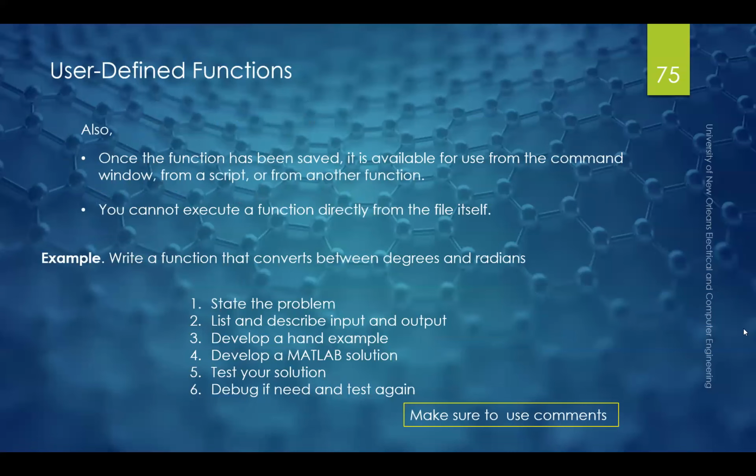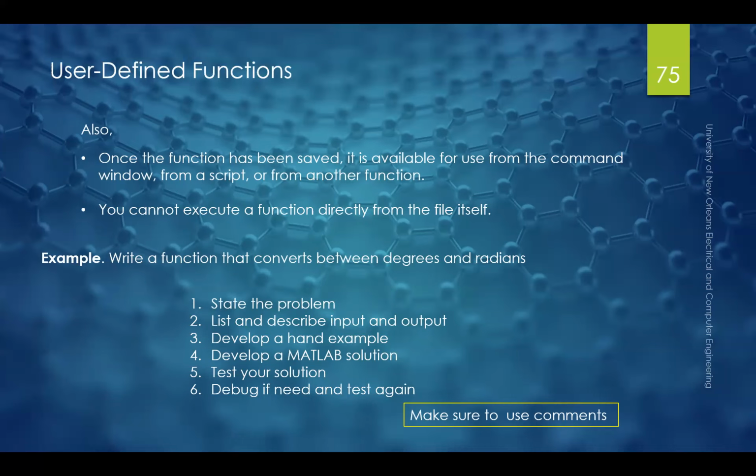Okay. Also, once the function has been saved, it's available for use from the command window, or even from a script, or even from another function. Once you save it, another function can use it. You can call it from a script, and you can use it from the command line. So you cannot execute a function directly from the file itself.